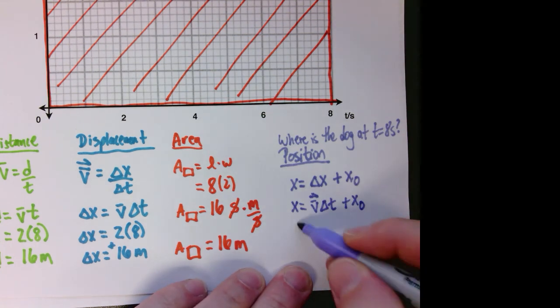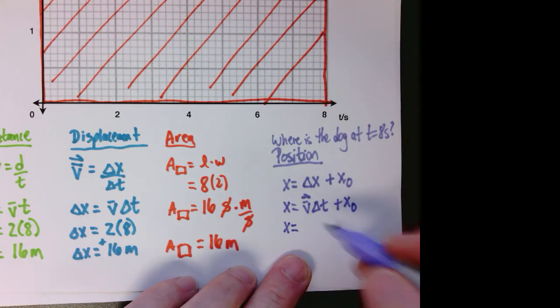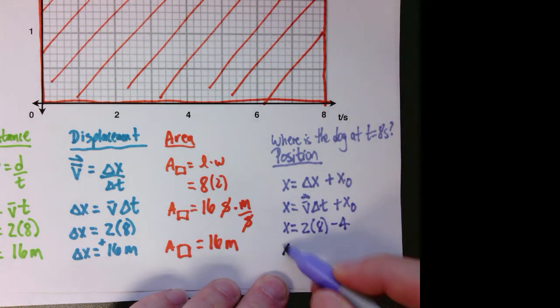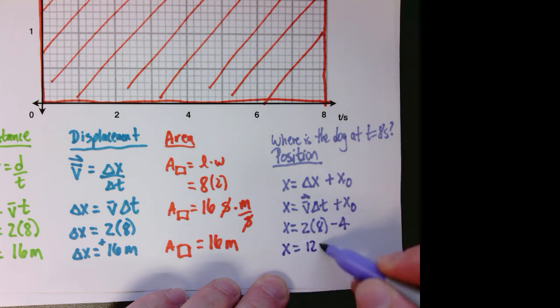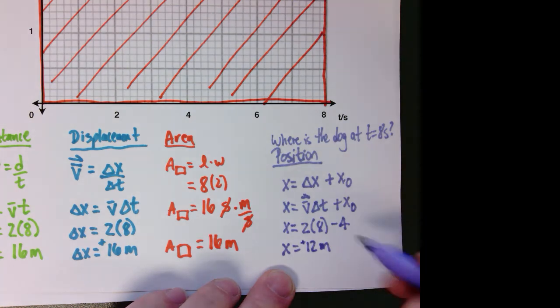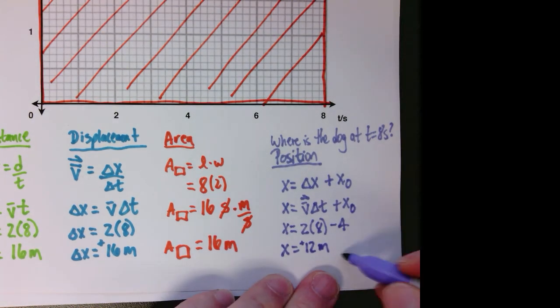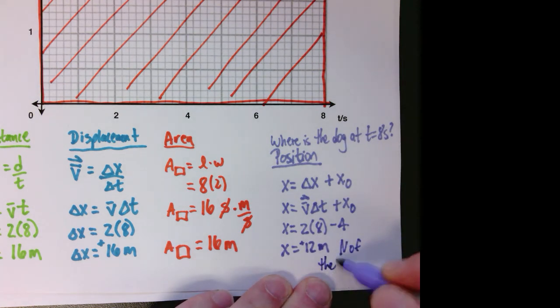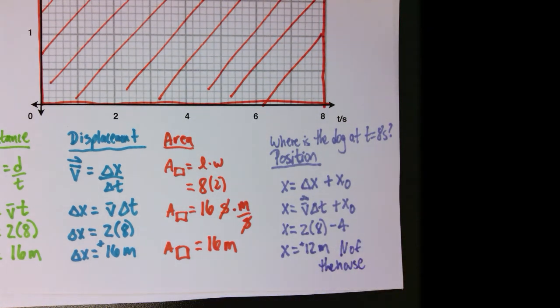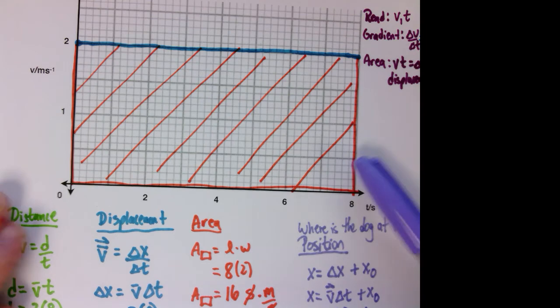So let's see if it yields the right answer. Average velocity is plus 2, the time is 8, and the initial position is minus 4. So we end up with a position of 12 meters. It is positive, which means it's north. So the dog ends up 12 meters north of the house. If you notice, the area did not give us the position.